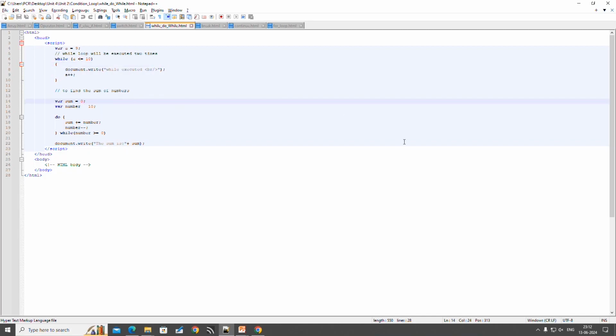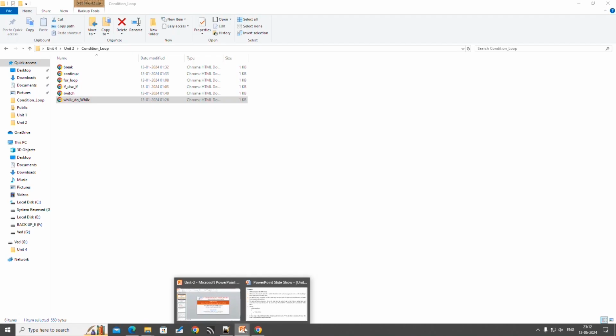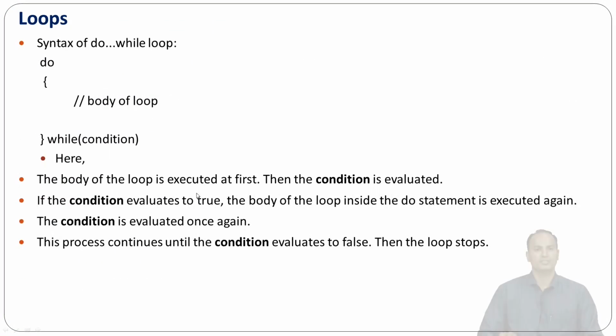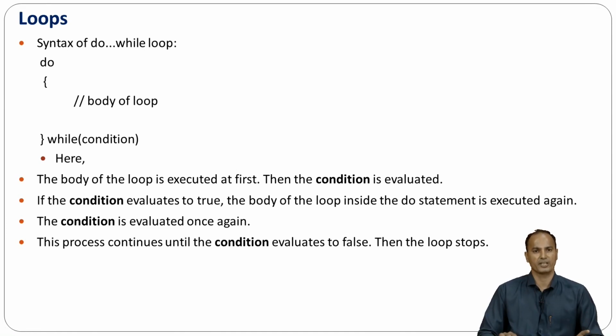Okay, now another thing is there. The next is the do while. In a do while, the block of code will execute initially, and only after that is the condition checked. If the condition evaluates true, the body of the loop inside the do statement is executed again.